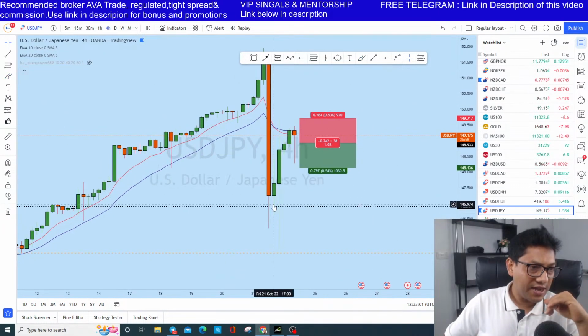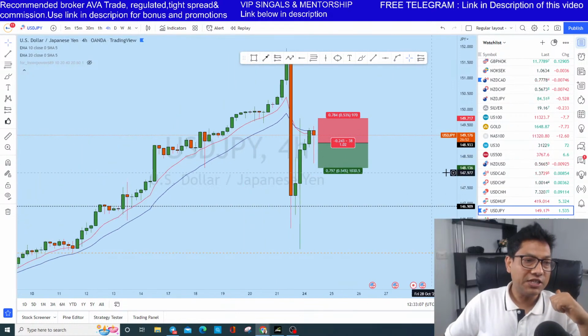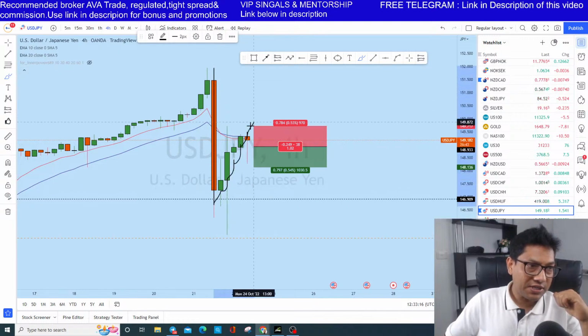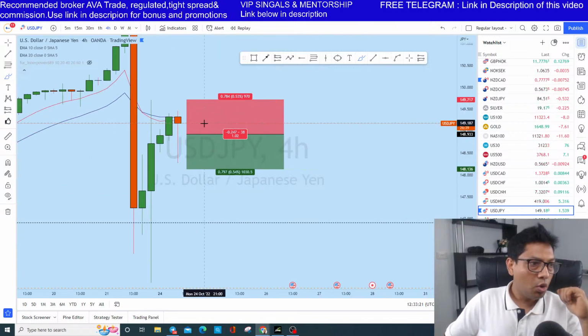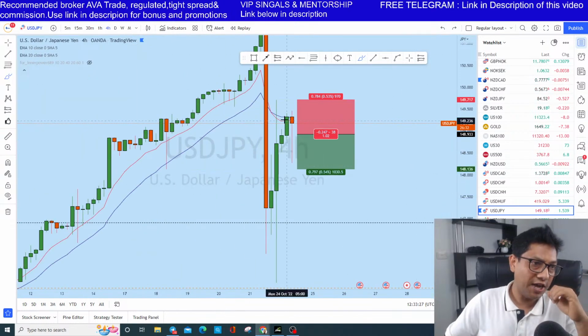Now the price action created here is a short-term bearish price action, as you can see with this big move to the downside on dollar yen. With this big move, as expected, the price created a retracement to the upside. For the short term, we can expect a move to the downside, and that is what we need. As you know, this pair is extremely volatile.